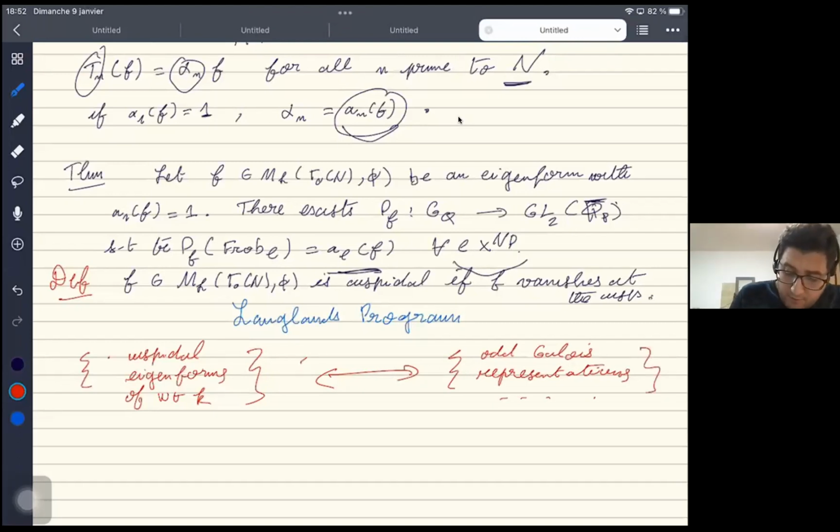Somehow, one of these directions is already done in this theorem. It is a theorem of Eichler-Shimura and Deligne.